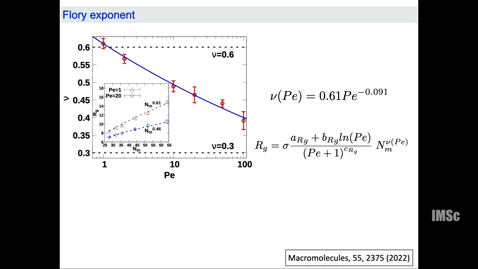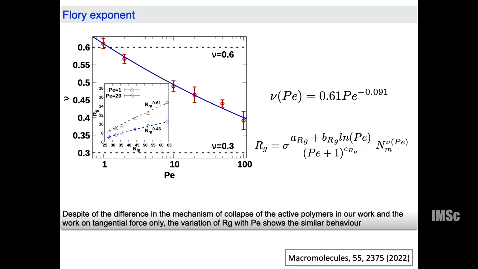So we see a very systematic change from the passive polymer, which is Peclet 1 in this particular case, which is 0.6, towards 0.33, which is a complete globulization. So as I increase the activity on the polymer, I am actually going from a coil to a globule state transition, and that transition is very gradual, and we can talk about how this Flory exponent changes with the Peclet number.